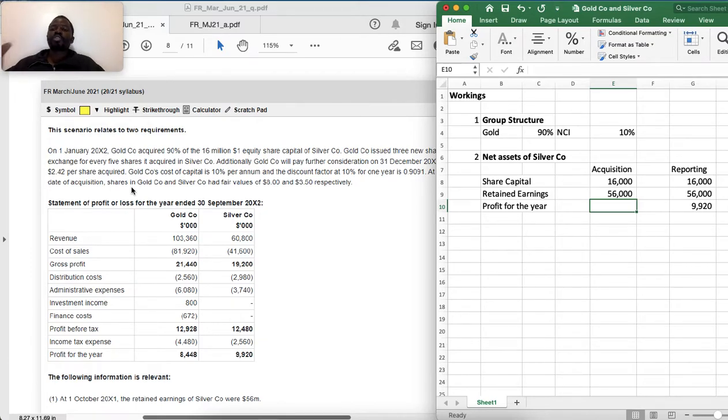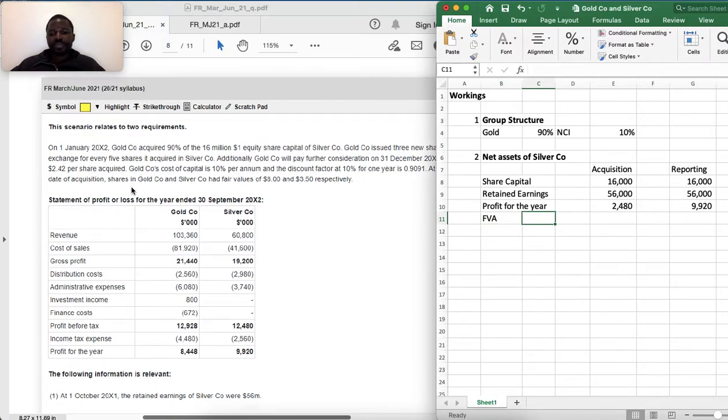So we have got October, November, December. We have got 3 months pre-acquisition and 9 months post-acquisition. So let's split that. 3 months pre-acquisition, we would multiply that figure by 3 over 12 like that. So 3 months pre-acquisition profits is 2,480.